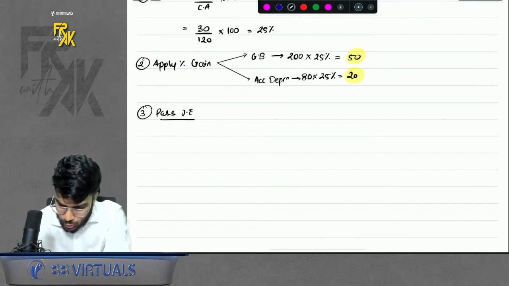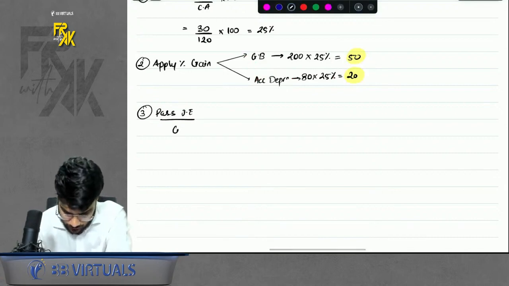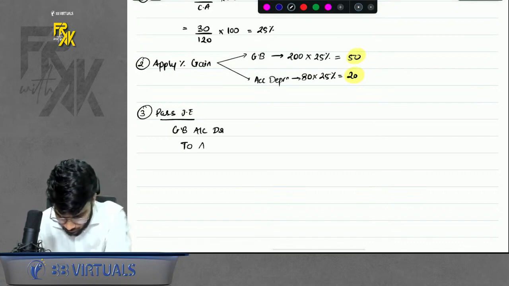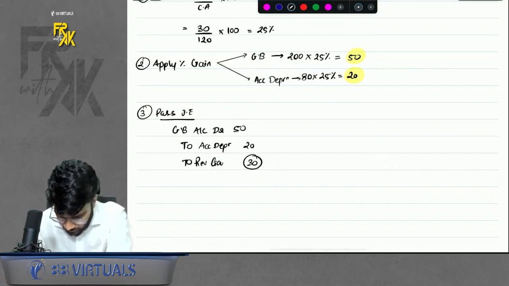So now the third step is passing the journal entry. These above two amounts have to be increased by this value. So we will say gross block account debit 50 to accumulated depreciation 20, and as I said, it will surely match with the amount of revaluation gain.